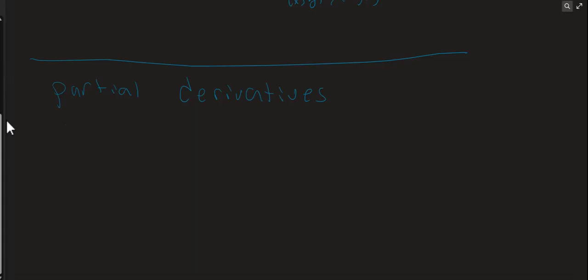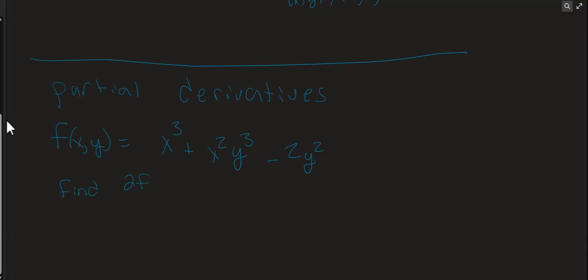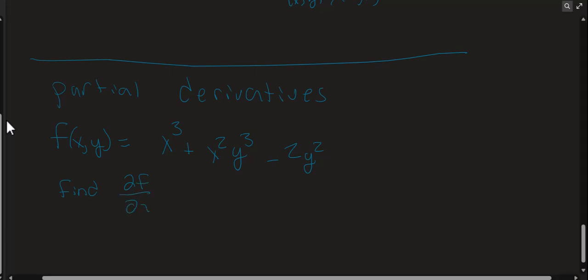So if I have f of (x, y) equals x to the third plus x squared y to the third minus 2y squared, find, and there's different ways to write this, you can write it as df dx, that's a little curly d there.